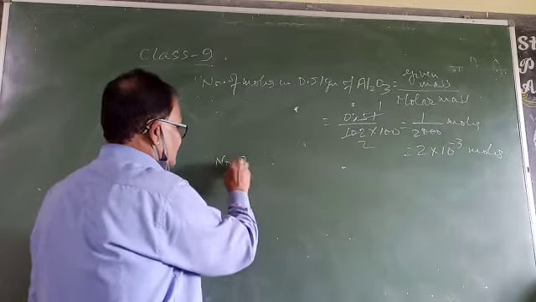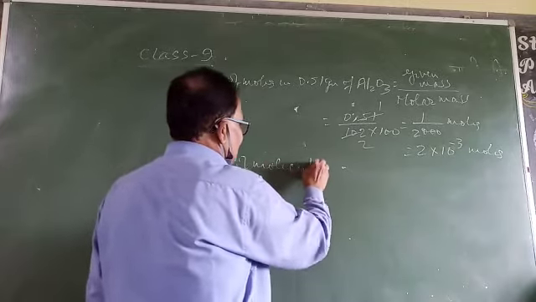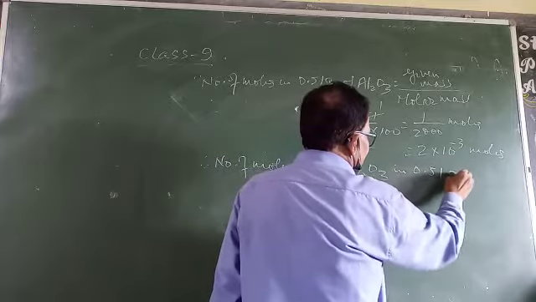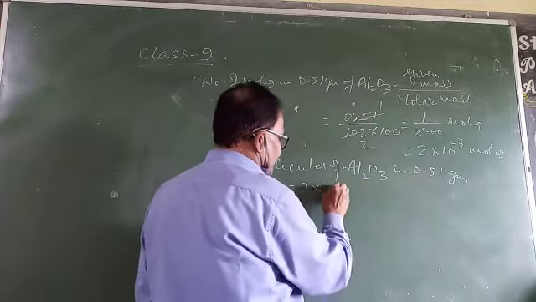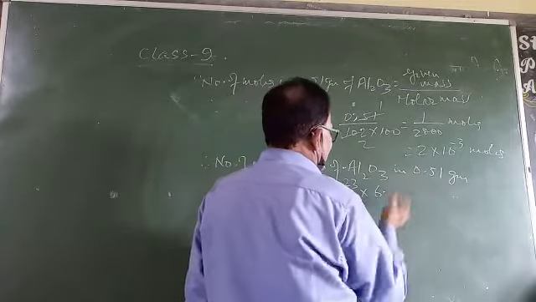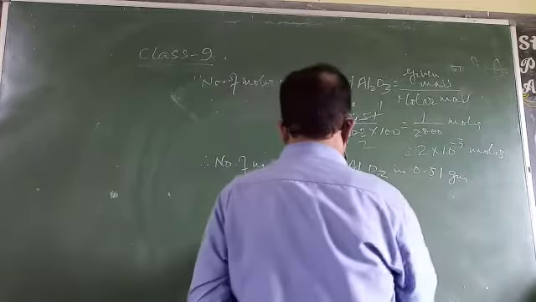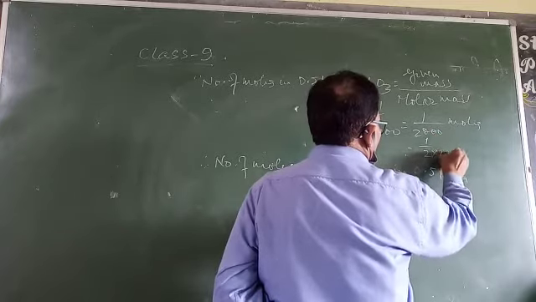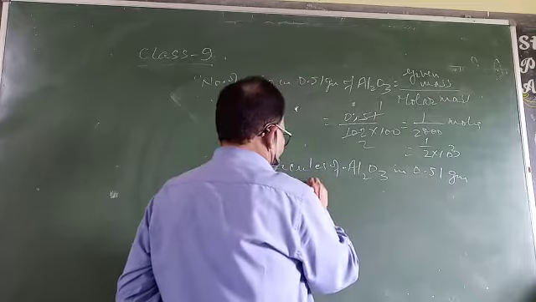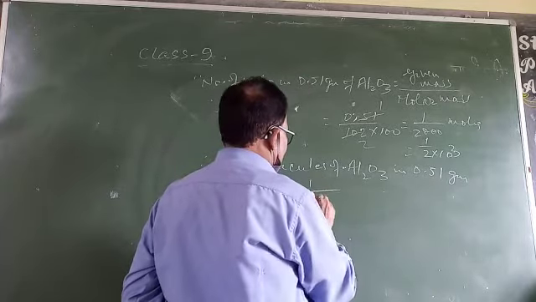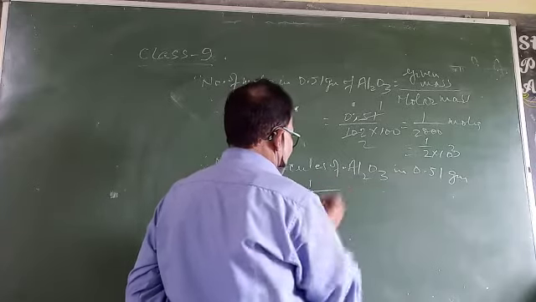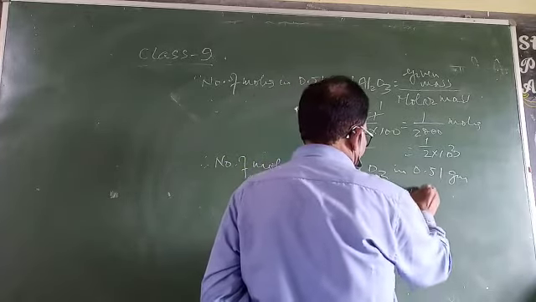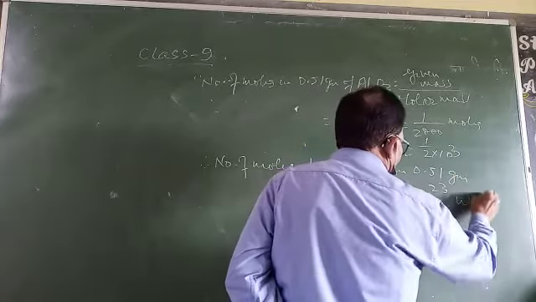Therefore, the number of molecules of aluminium oxide in 0.51 grams equals the number of moles times 6.022 into 10 to the power 23 molecules.